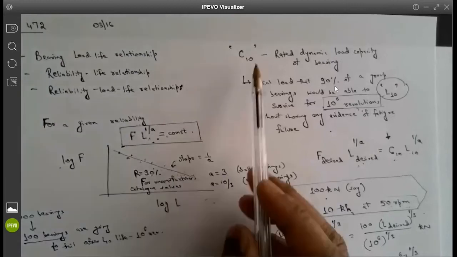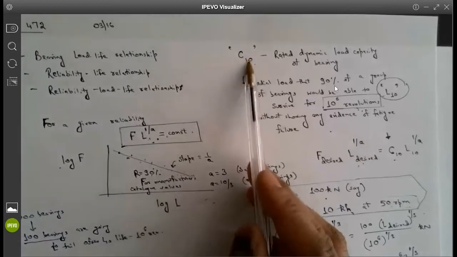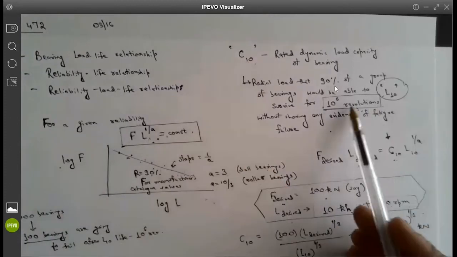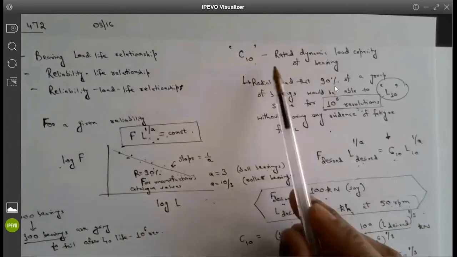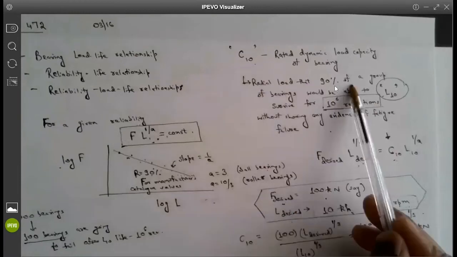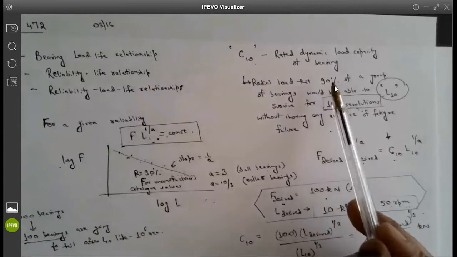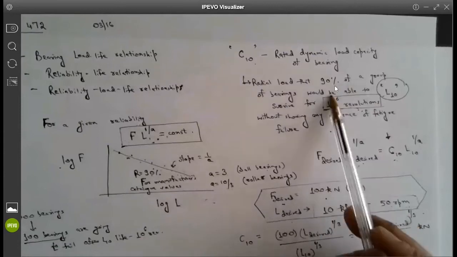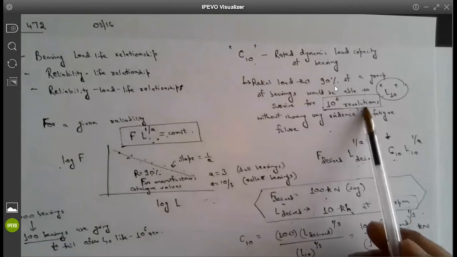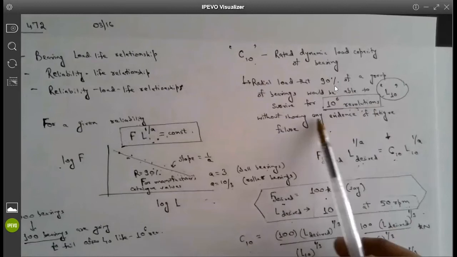So the C10 load always corresponds to L10 life, which is 1 million revolutions for 90% reliability. So what is C10 load? It is a radial load such that, with reliability of 90%, 90% of a group of bearings would be able to survive for 1 million revolutions, 10 to the 6 revolutions, without showing any evidence of failure. This number is called L10 life.